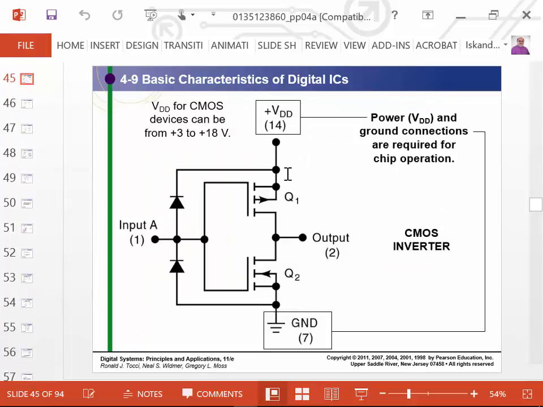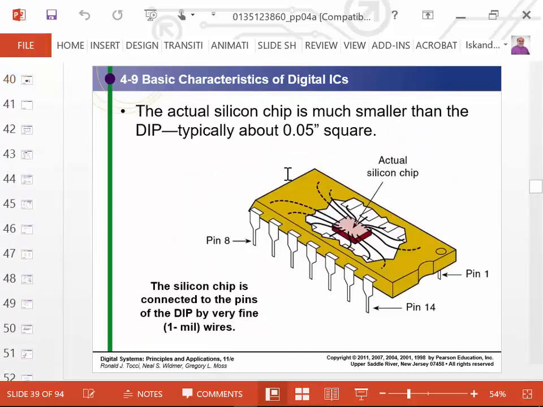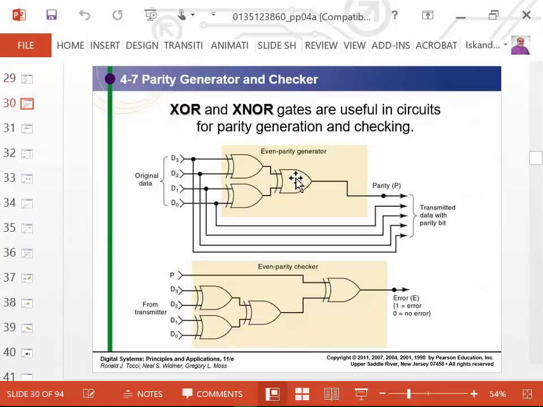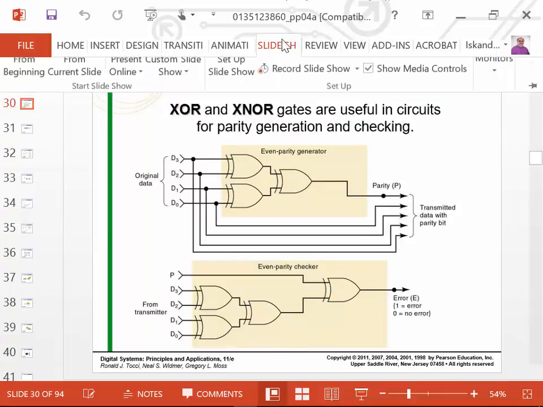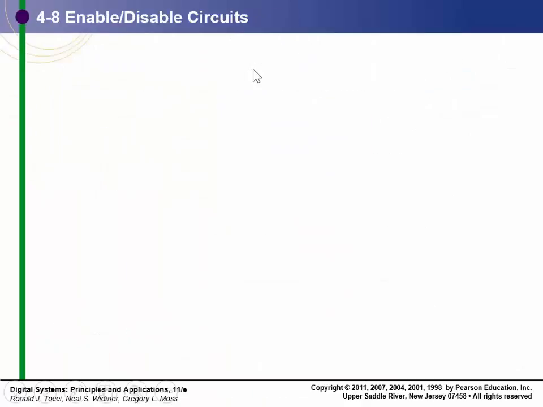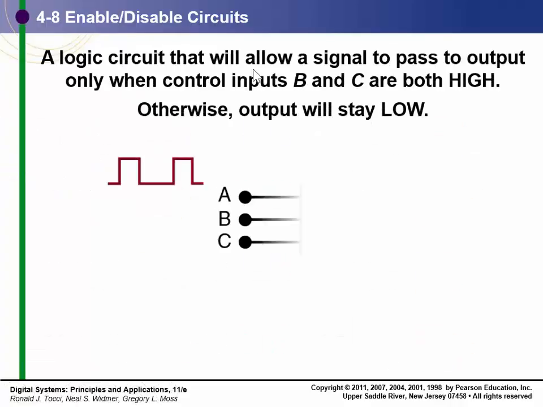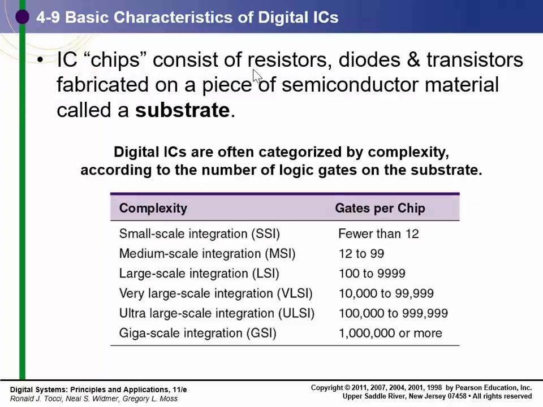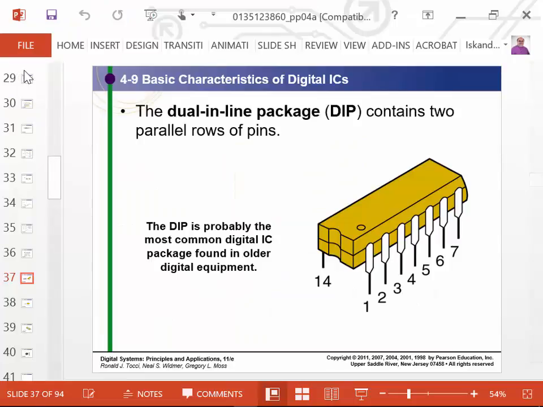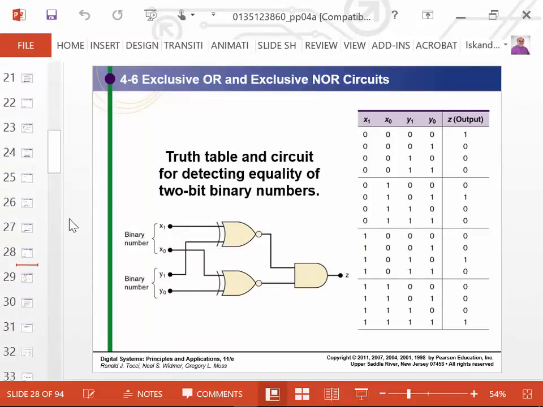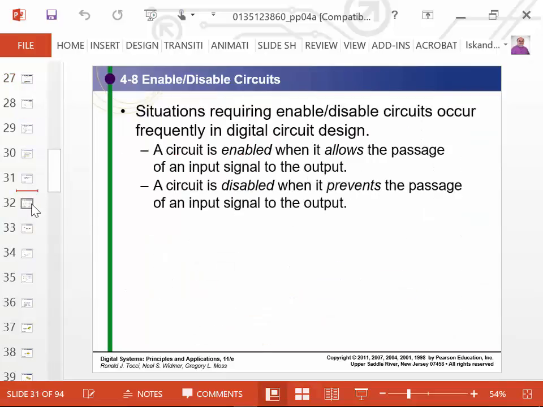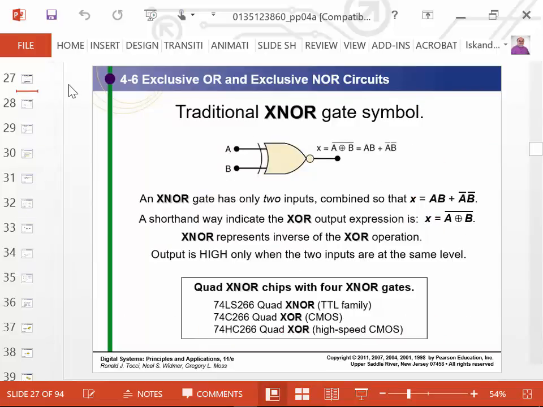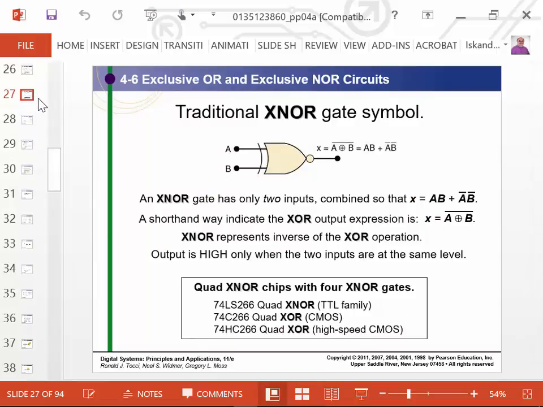I'm trying to cheat here and pull up the circuit without having to enable, disable. Exclusive OR, because the exclusive OR is usually used.